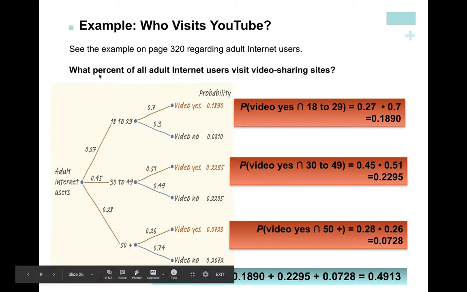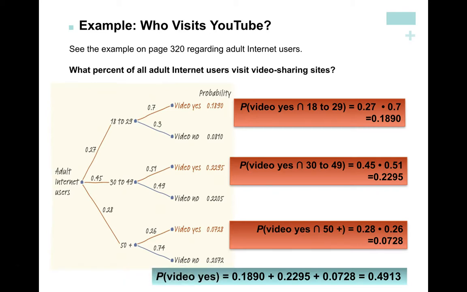Okay, and then we want to know what percent of all adult internet users visit video sharing sites. So now here, of the 18 to 29-year-olds, we know that 0.7 are yes. Okay, so 0.3 are no. So again, these are the conditional probabilities. So this is the probability of video given that it's an 18 to 29-year-old.